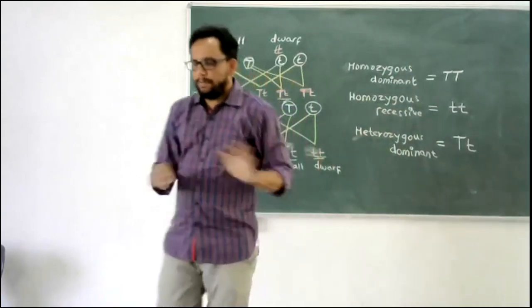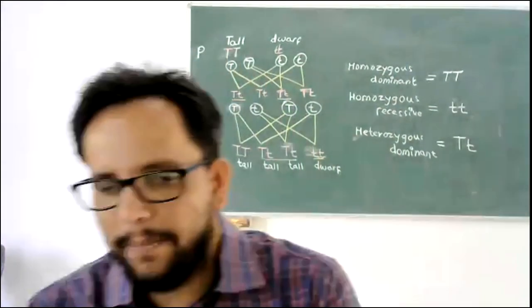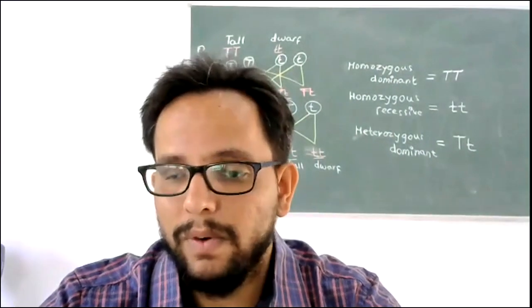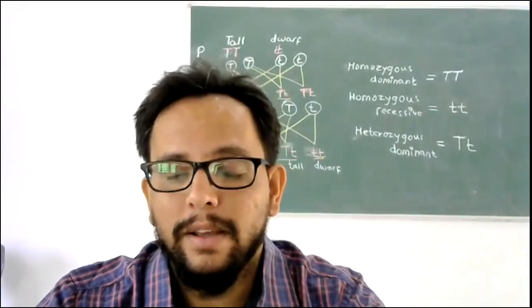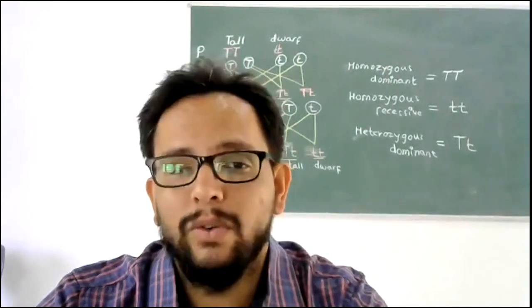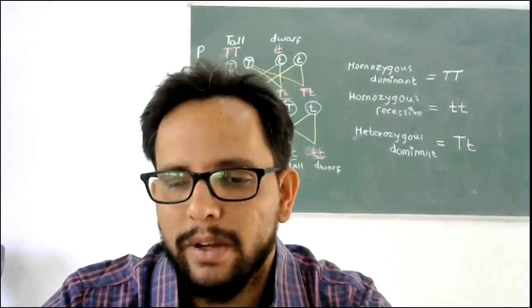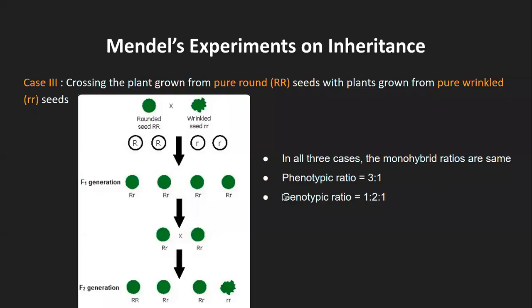There is no heterozygous recessive phenotype. This is one of the most important things: we should never say heterozygous recessive phenotype. That is completely wrong terminology because it does not exist.